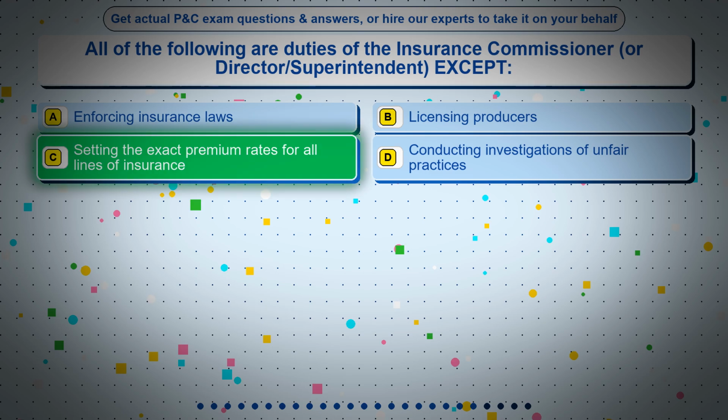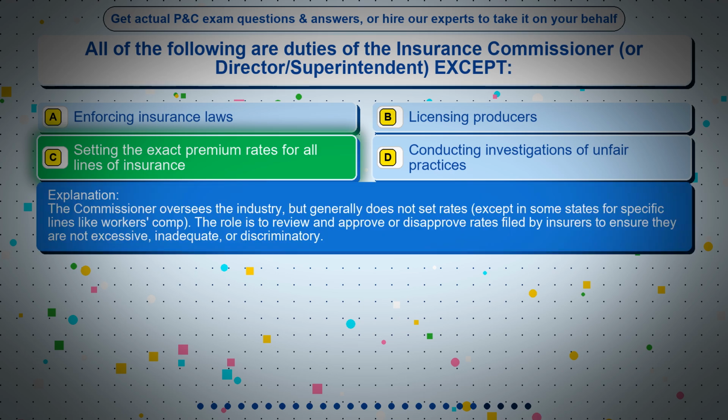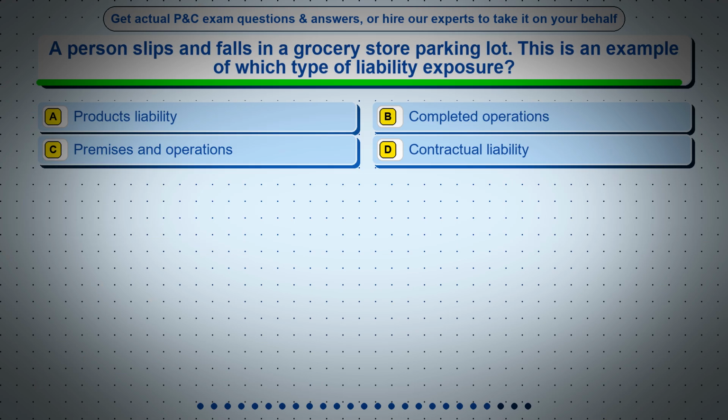The correct answer is option C. Setting the exact premium rates for all lines of insurance. The commissioner oversees the industry, but generally does not set rates, except in some states for specific lines like workers' comp. The role is to review and approve or disapprove rates filed by insurers to ensure they are not excessive, inadequate, or discriminatory.